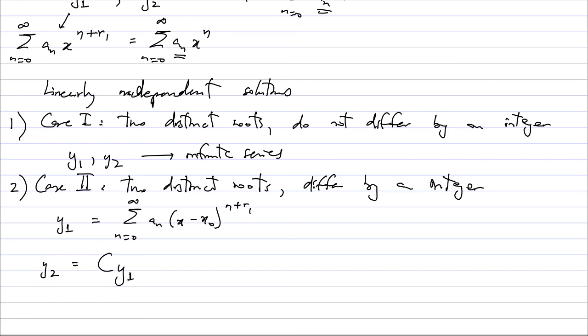Some constant C multiplied by y1, the first solution, multiplied by ln x, plus an infinite series. Oh, I should be putting x minus x naught over here.